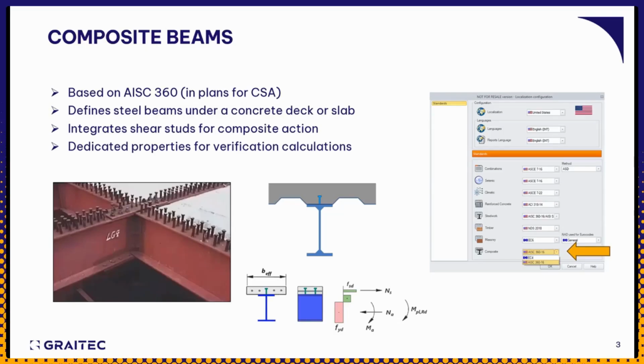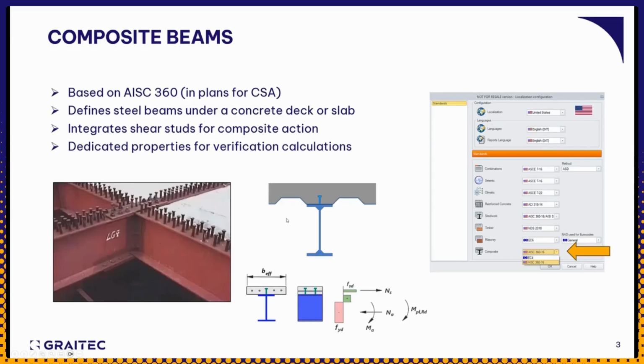So the way it works, basically you define your steel beams under the concrete deck or slab. We have the option to define either a concrete composite deck, which means steel and concrete, like the image that you see here, or you can also define a uniform flat slab to work with your composite beam.